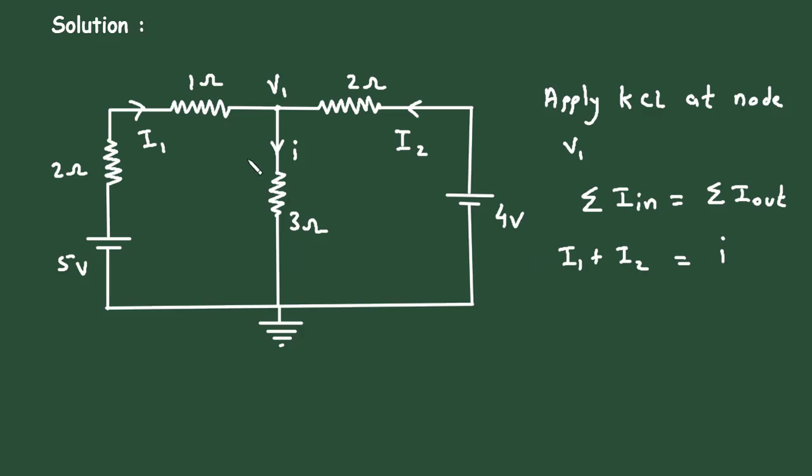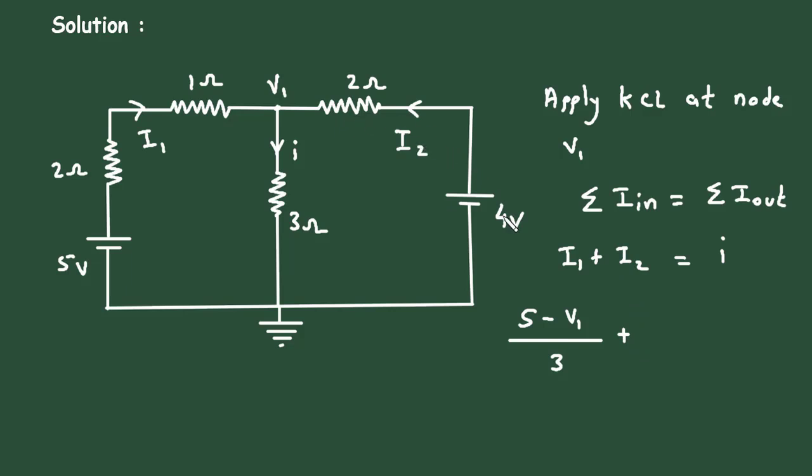Now we can write I1, I2 and I in voltage form. I1 will be 5 minus V1, that is higher voltage minus lower voltage, divided by the resistance value 2 plus 1, so 3, then plus I2.